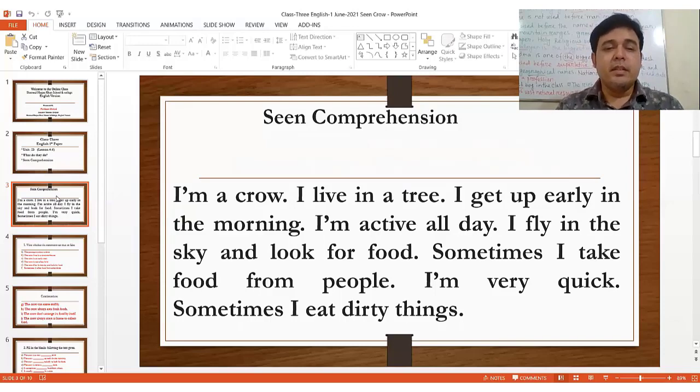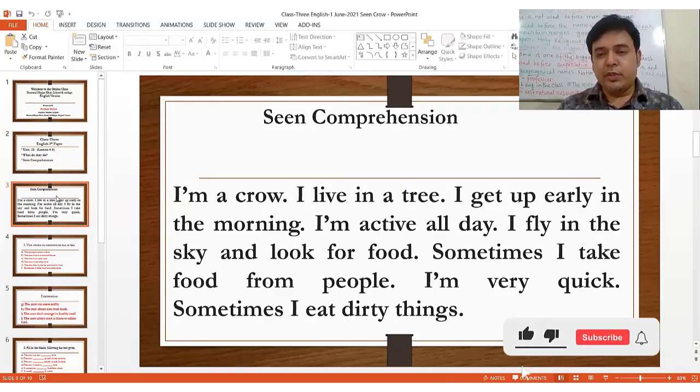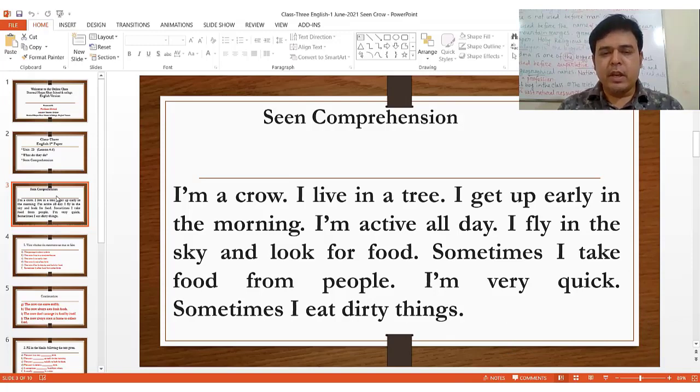So what is this? That is a bird expressing his feelings, what he does, and what is it saying? I am a crow, I live in a tree, I get up early in the morning, I'm active all day, I fly in the sky and look for food.